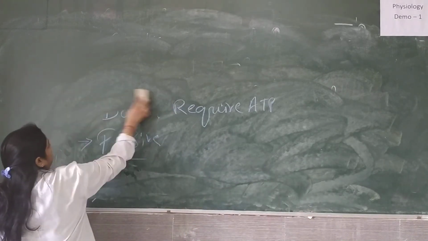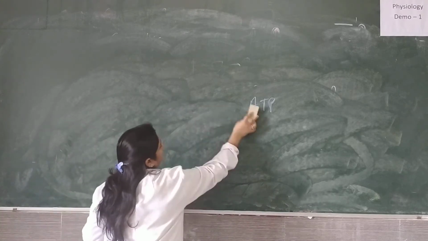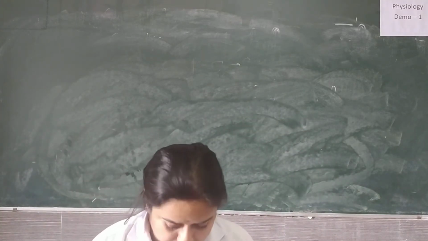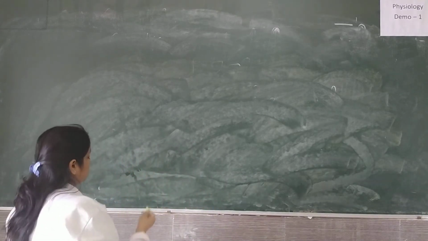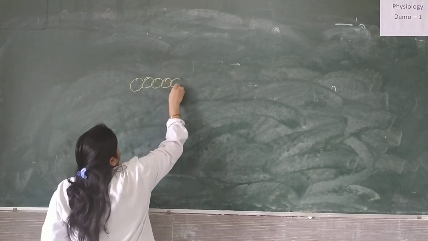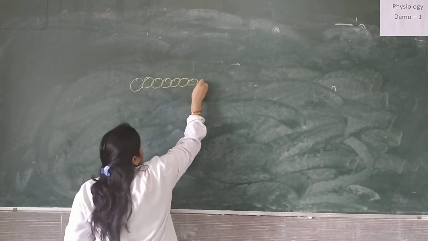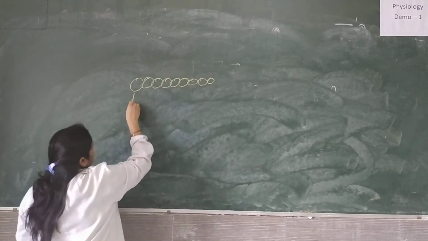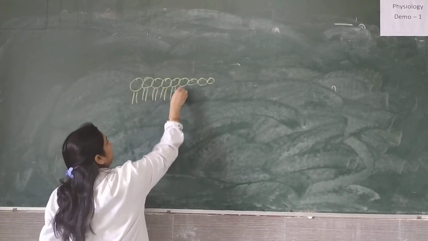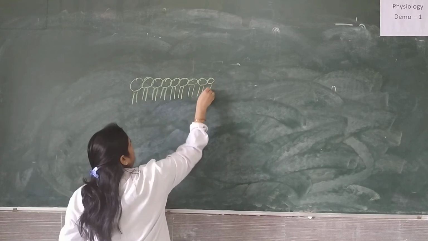I'll show one diagram for better understanding of simple diffusion. As we are all aware of the structure of the cell membrane, this is the lipid bilayer structure. This is the charged polar head, and the fatty acid tail, non-polar.